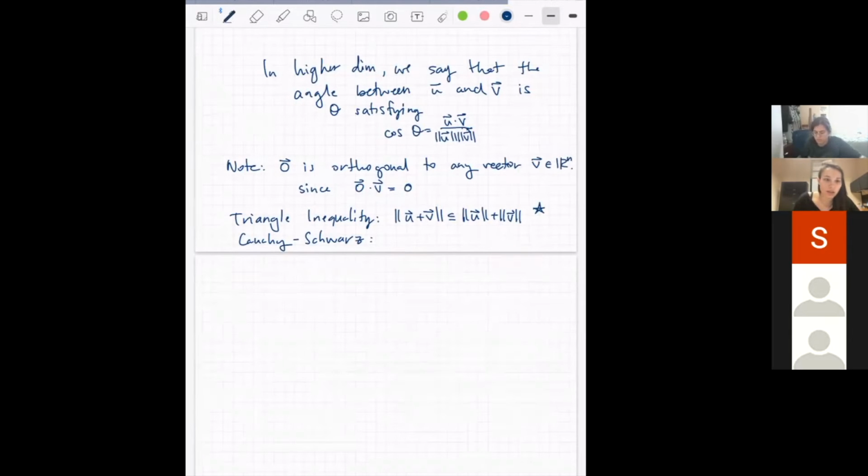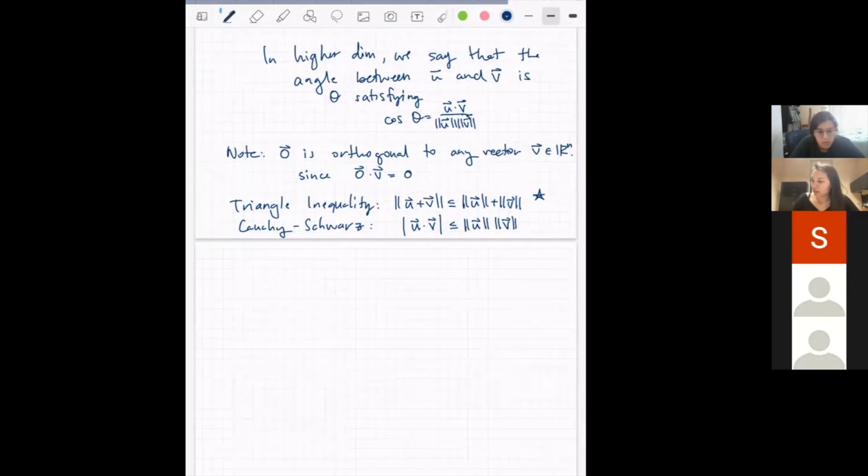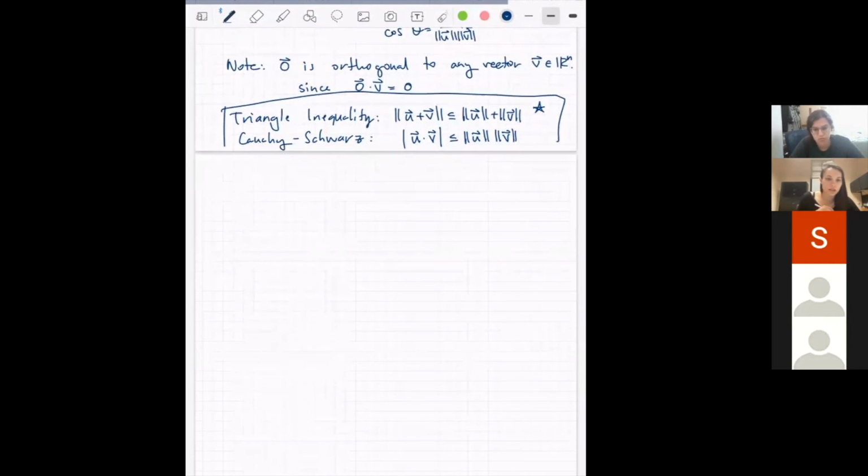And then we also have the Cauchy-Schwarz inequality, which says that the absolute value of u dot v is less than or equal to the norm of u times norm of v. Remember that u dot v gives you a number, so this is just a regular absolute value of that number. These are just good to know, but like I said, probably won't come up for us.